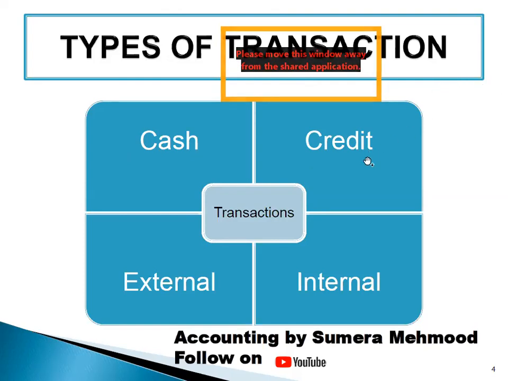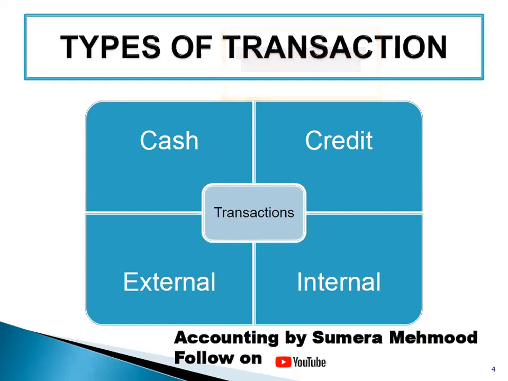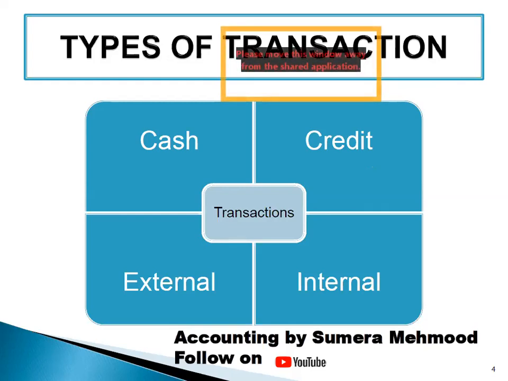It means I have to pay later. It is on credit or on account. We use two words, on credit and on account, whenever we buy or purchase the commodity on credit, udhar. Then we have external transactions.